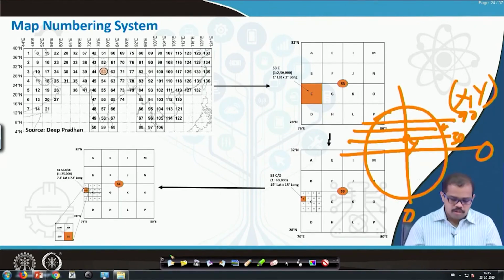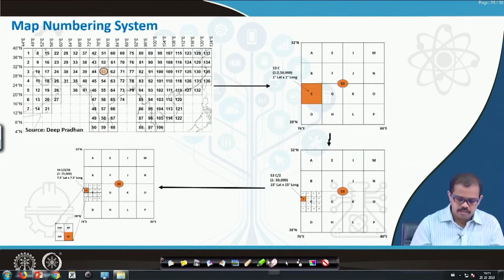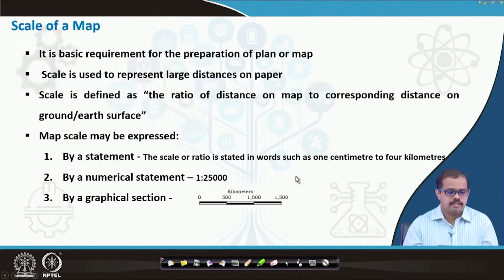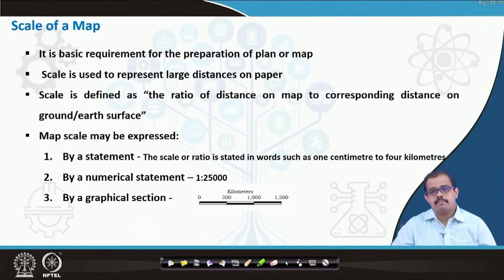Okay, so once we have understood this, let's move on to the next thing, that is the scale of a map. It is a basic requirement for the preparation of a plan or a map. Scale is used to represent large distances on the paper. Scale is defined as the ratio of distance on a map to the corresponding distance on the ground.